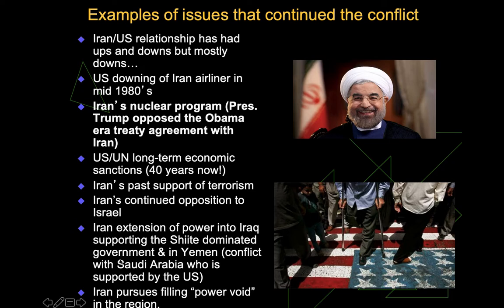The Iranians have been involved in the civil war that's taking place in Yemen, which we'll talk about a little bit later, and as a result has come into a lot of conflict with Saudi Arabia, who is a main ally of the United States.